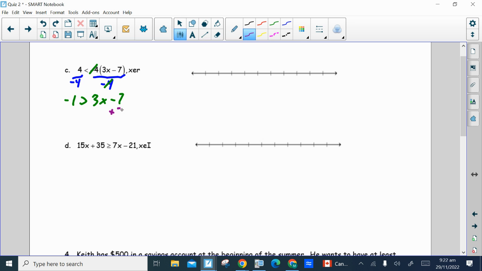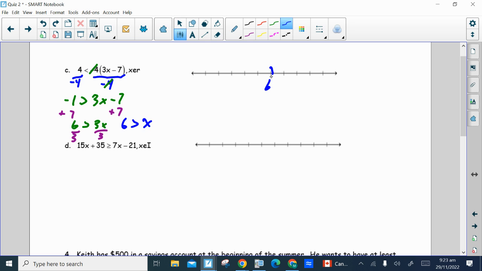So we can add 7 to both sides. On the left, -1 plus 7 is 6, which will be greater than 3x. And now we would divide both sides by 3 to get the x by itself. So 6 divided by 3 is 2, and that will be greater than x, or x is less than 6.